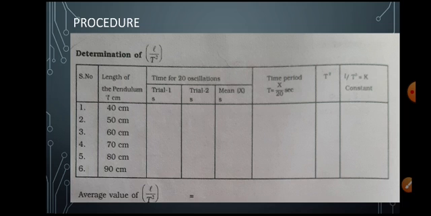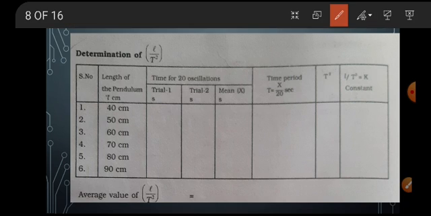For this, here you are getting, for example, for 40 centimeter length, 26 and 26, two times 26. Now the average is 26. This 26 seconds is the time taken for the 20 oscillations.